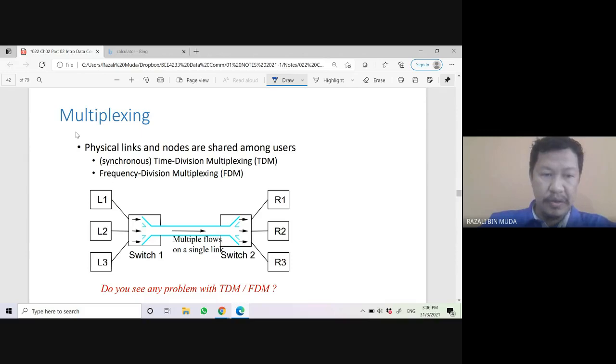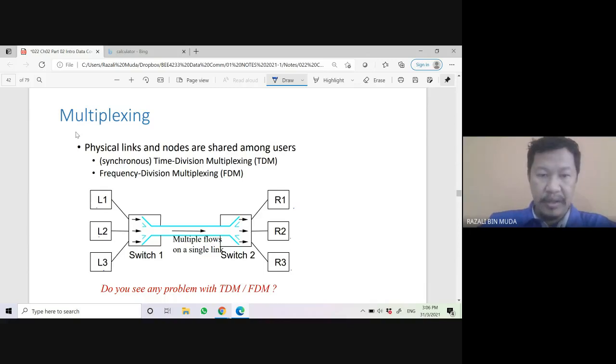For example, we have 3 lines, line 1, line 2, line 3, and here we have 3, R1, R2, R3.